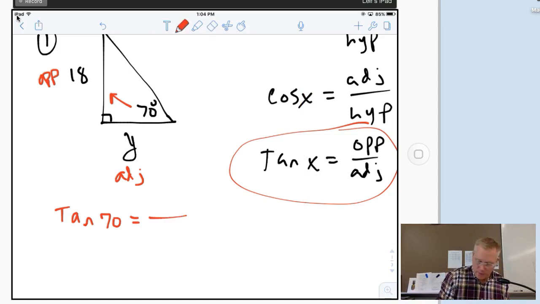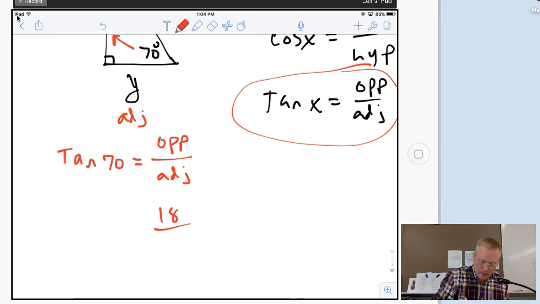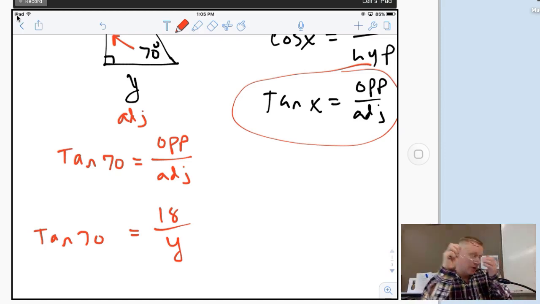And then I'm going to plug in my values, opposite and adjacent. So the opposite is the 18, and the adjacent is the y. Now this one's different than some of the ones I showed you in the previous ones because the variable's in the denominator, okay? Which changes things around some. When the variable's in the numerator, life's a little easier.